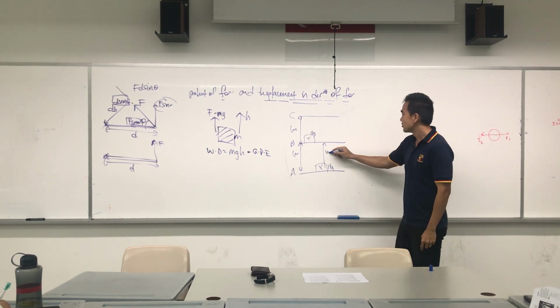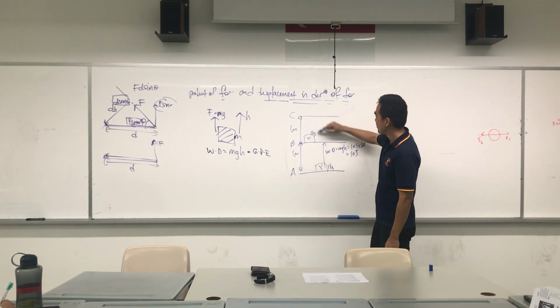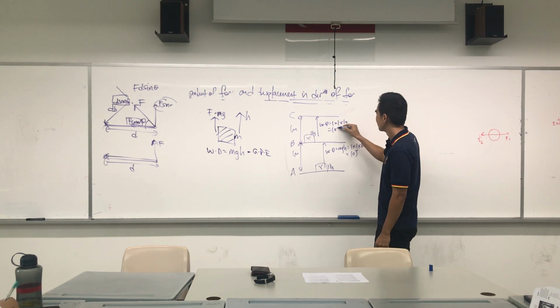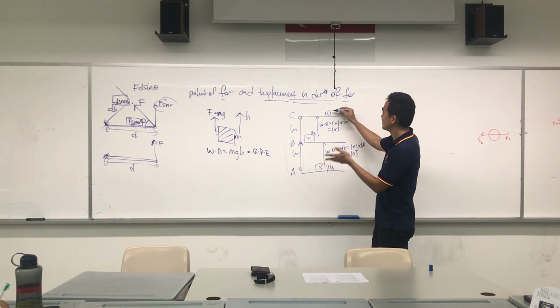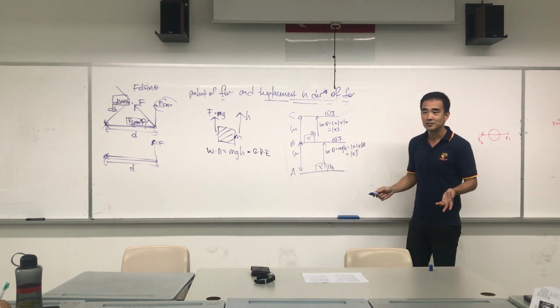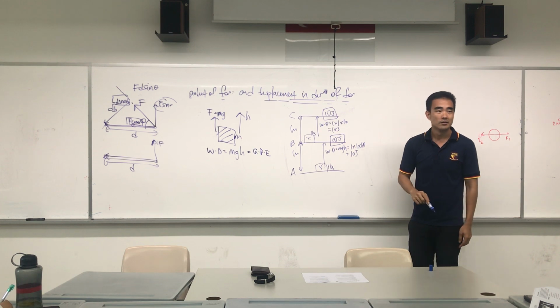Do you agree that the work done, which is mgh, equals 1 times 1 times 10, which is 10 joules? But the same thing, if I bring it from here to here, the work done is 1 times 1 times 10, which is 10 joules. So therefore, I can conclude that the GPE over here is 10 joules and the GPE over here is 10 joules. Can you see the fallacy now? How can I have two levels at different heights with the same GPE?